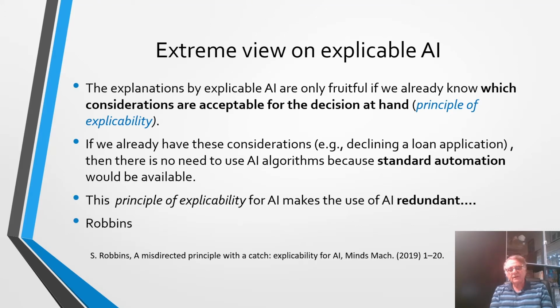If we already have these considerations, then there is no need to use an AI algorithm because standard automation would be available. An example was declining a loan application.